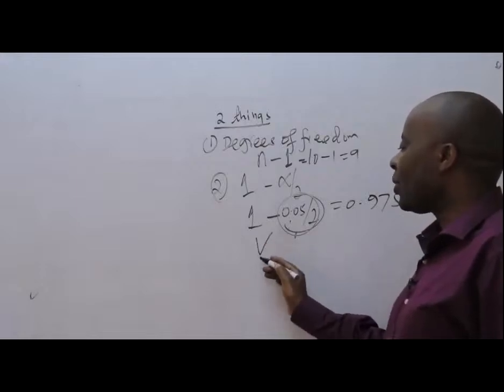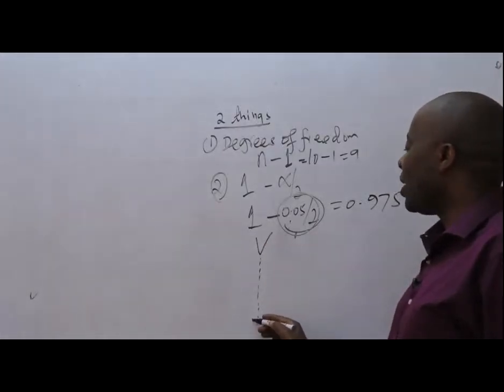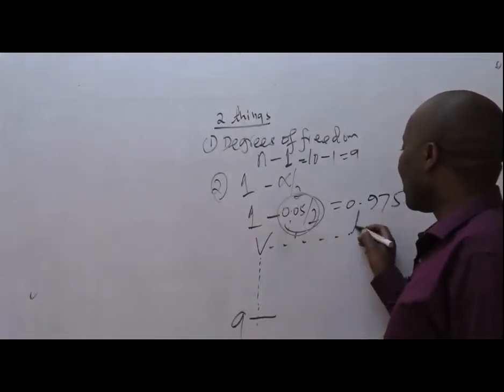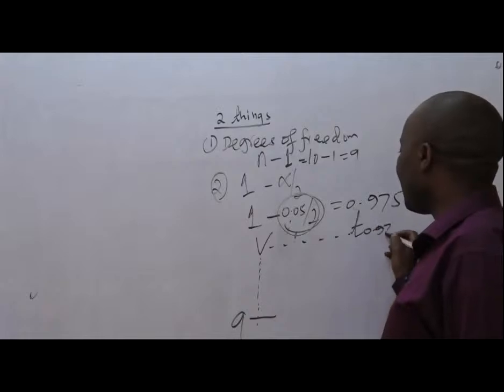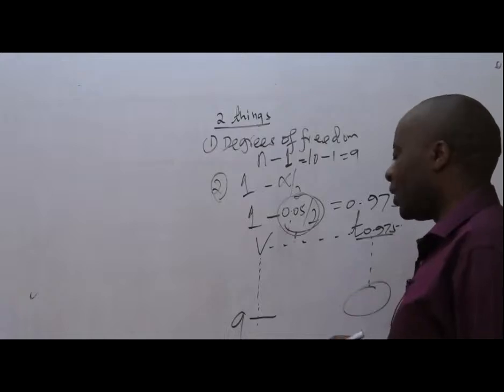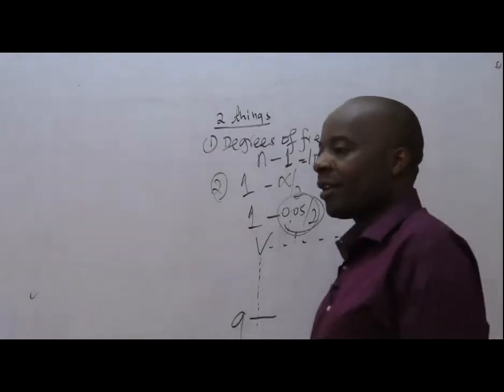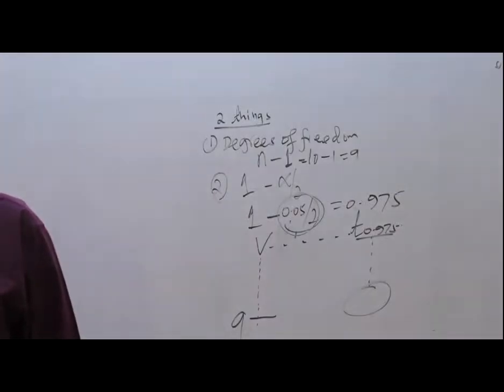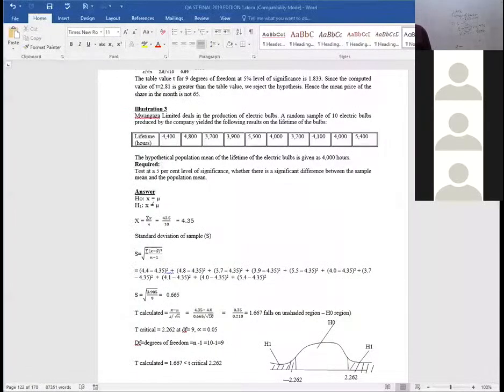On my T tables, I have V. I'll go all the way up to 9. Then I have this column here that has T.975. You walk down with it and read this figure here. To demonstrate using the table, this is T critical, not this one.